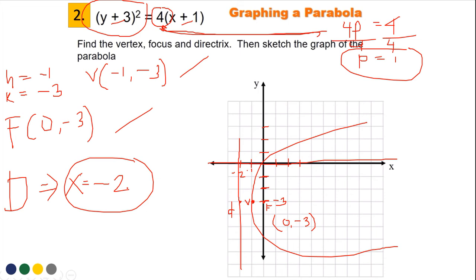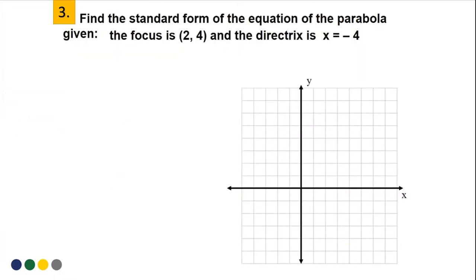So let's move on to number 3. Find the standard form of the equation of the parabola given the focus is 2, 4 and the directrix is x is equal to -4. So dyan pa lang makikita nyo na agad kung ano yung opening ng graph because directrix is -4. So saan po si directrix?